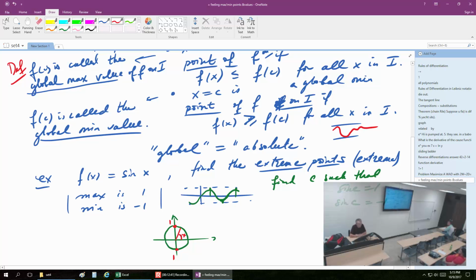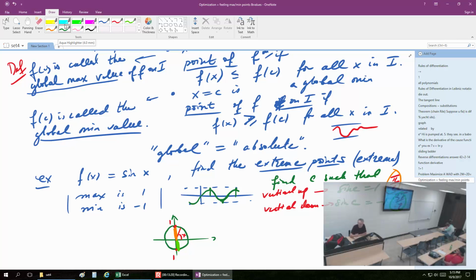So x is our angle, and it has to hit the maximum value. It has to be vertical up, and this vertical down. The first values would be, for vertical up, pi over 2, and this is 3 pi over 2. This one down and this one up. Certainly don't forget that the function is periodic.